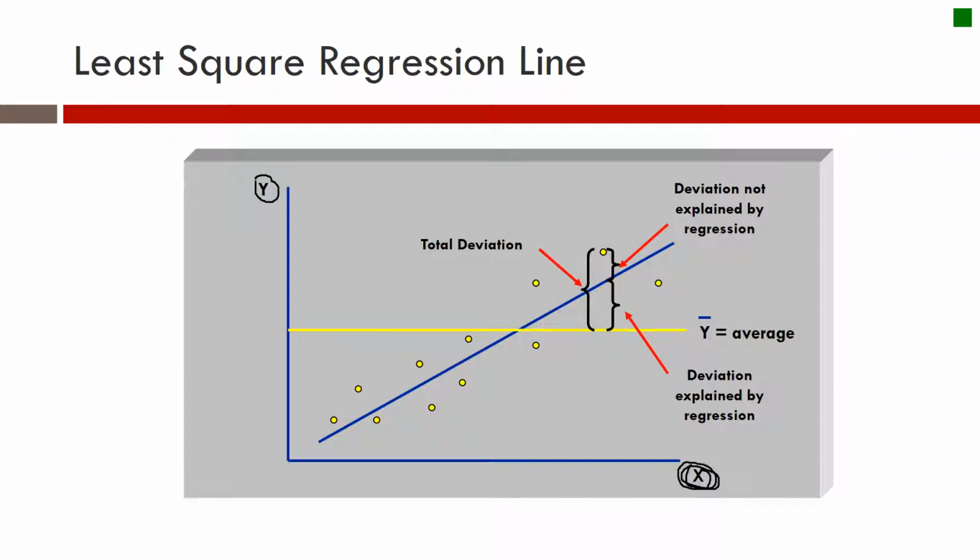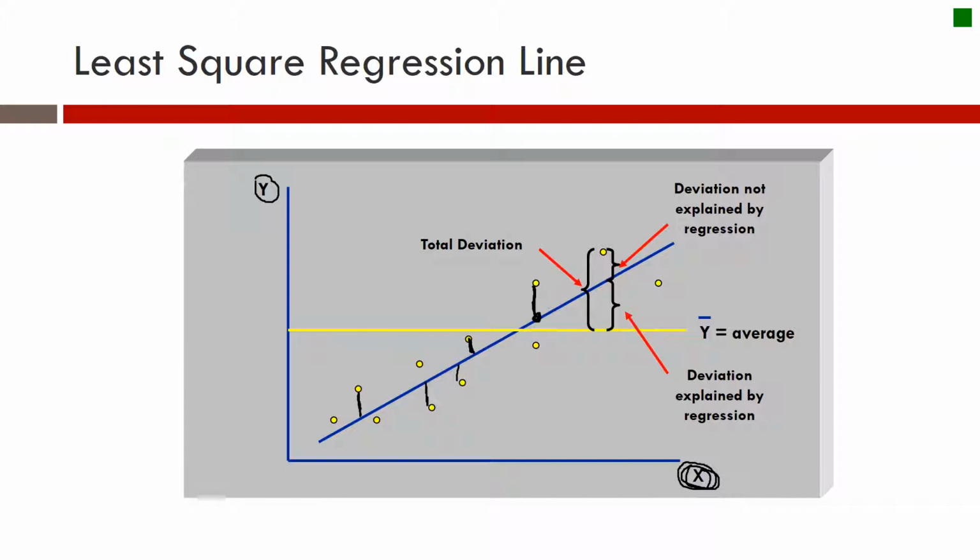What we're looking at is the difference between each actual observation and what we would have predicted if we had used a formula to do so. Let's assume we did a regression here, and we see that there's a little bit of a difference between each one of these spots and the actual line that was fitted.